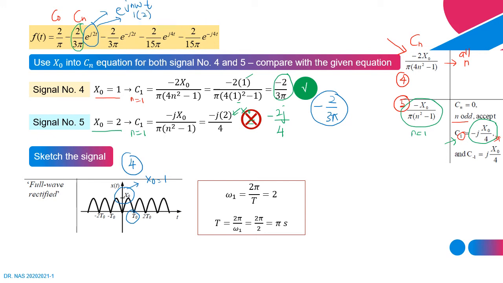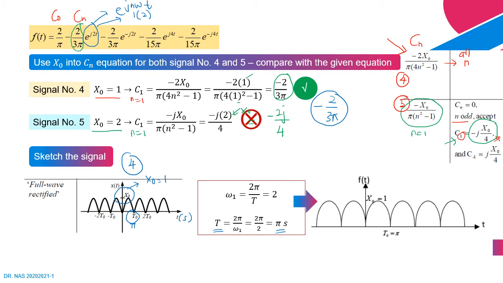So from this omega you can calculate your t, which is equal to pi, and the unit is second. Then you can sketch your final signal. So it is full wave rectified. So replace x0 with the value equal to 1 and t0 equal to pi, and the unit is second.